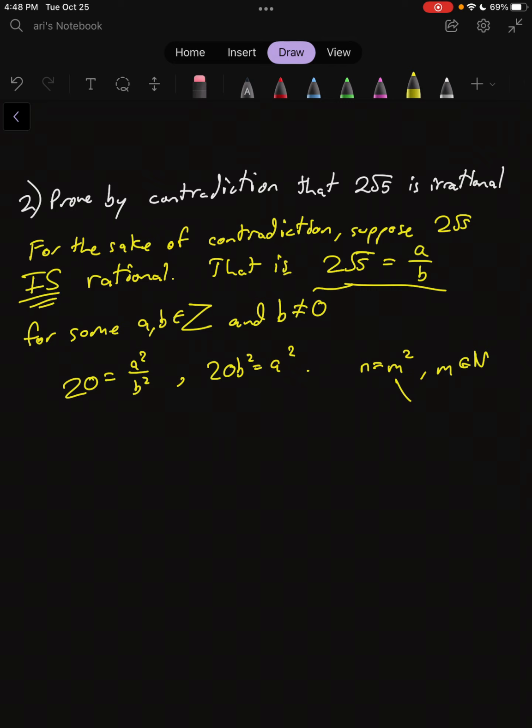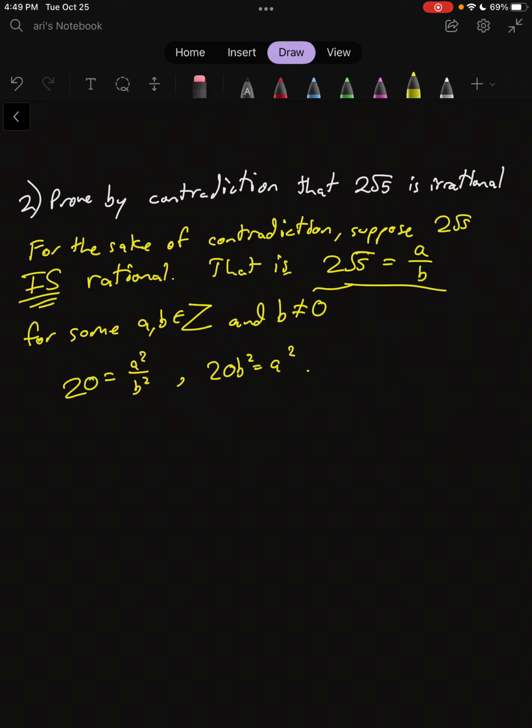So m squared has 2 times a number of prime factors, which is an even number. And since m squared is equal to n, n must also have an even number of prime factors, because numbers that are equivalent have the same number of prime factors. Okay, so that's the motivation.